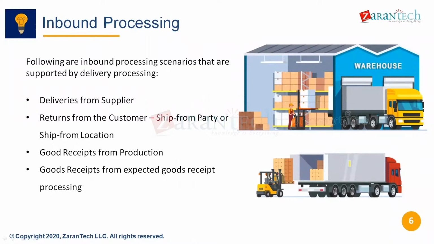The difference would be the inbound delivery creation and the document type, but all of them will go through the goods receipt and putaway steps. So we'll see how those can be executed. For now, we will take the reference of delivery from supplier, because other scenarios we will slowly configure and test. With reference to goods receipt from suppliers, we will understand goods receipt and putaway in more detail.